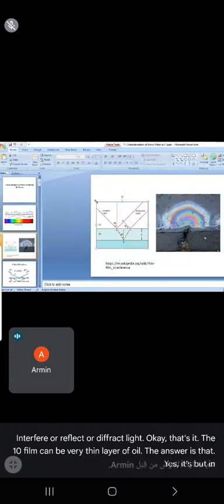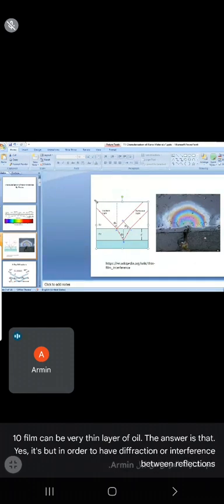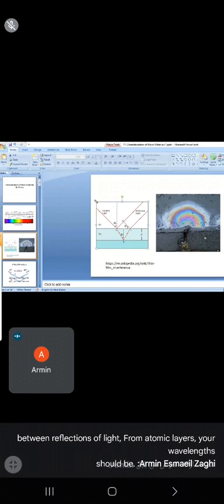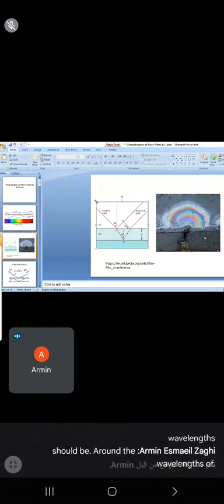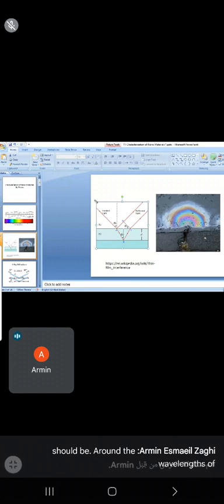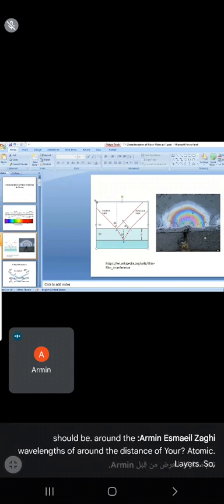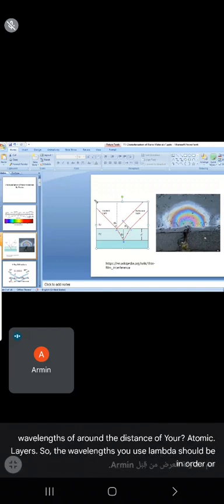But in order to have diffraction or interference between reflections of light from atomic layers, your wavelength should be around the distance of your atomic layers. So the wavelength you use, lambda, should be in the order of the distance between the atomic planes or atomic layers.